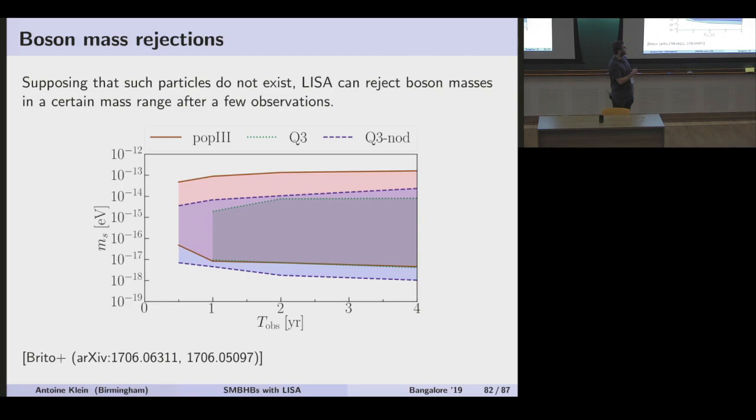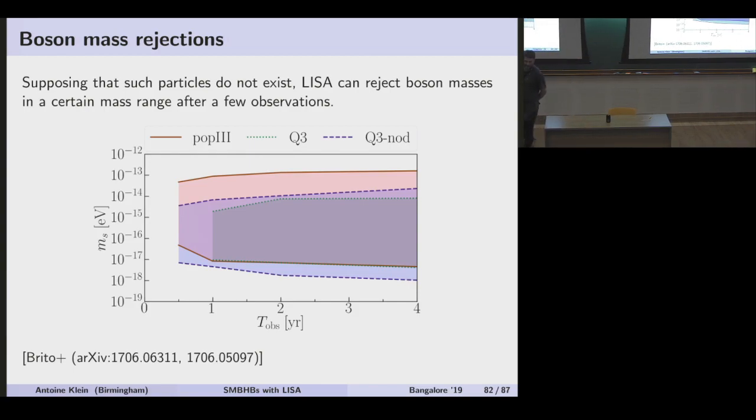In this model you have lighter seeds, so you exclude heavier bosons. In this scenario, you have fewer measurements, so you cannot as confidently exclude your boson masses, and as you get more and more time of observation, you can increase the range in which you exclude your boson mass.